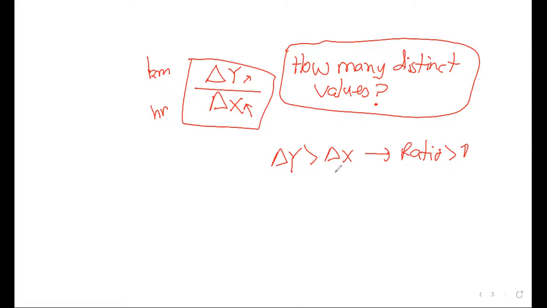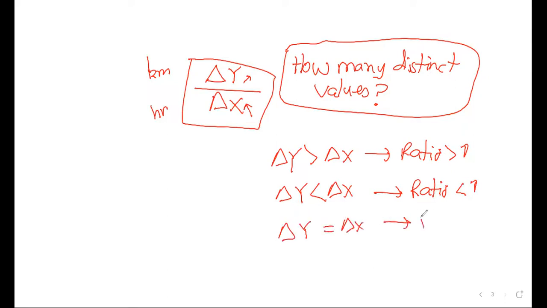Yes, sir. Acha, another possibility is del y is less than del x. Then the ratio is less than 1, right? And the last possibility is if the change in y is equal to the change in x, then the ratio is equal to 1.